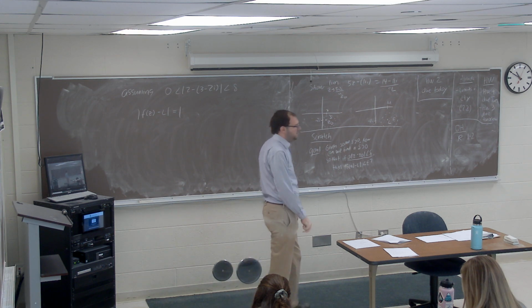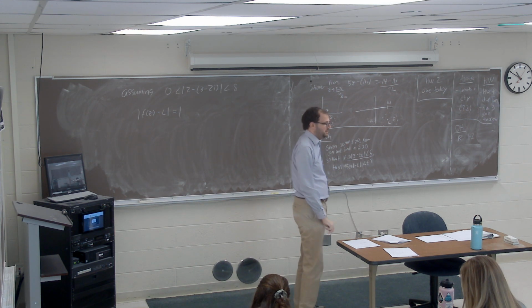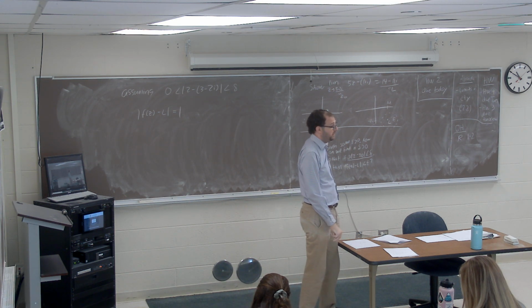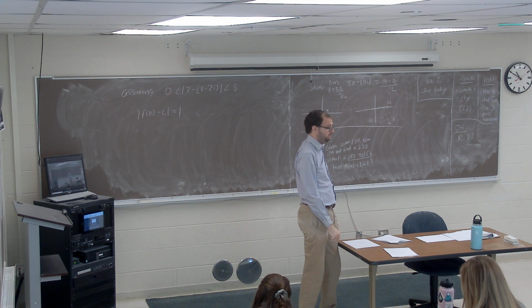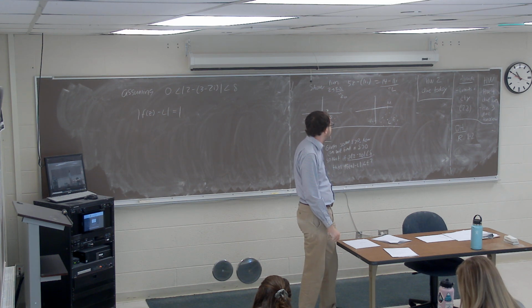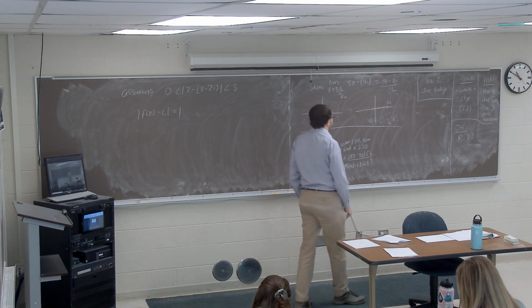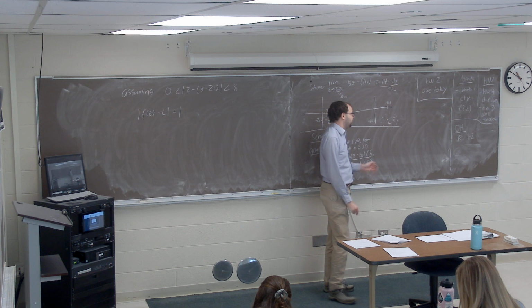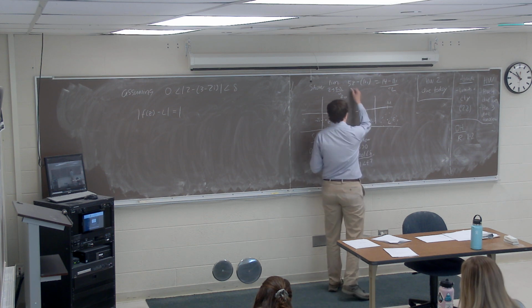What's going to be our f of z in this problem? In other words, the function that we're plugging values into. Would it be the 14 minus 11i? I don't think that's going to be our function. Sorry, that's the L. Yeah, that's our L. That's the constant that we're assuming our function converges to. 5z minus 1 plus i.